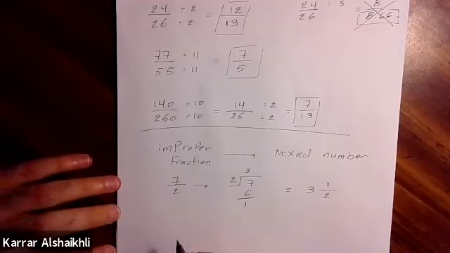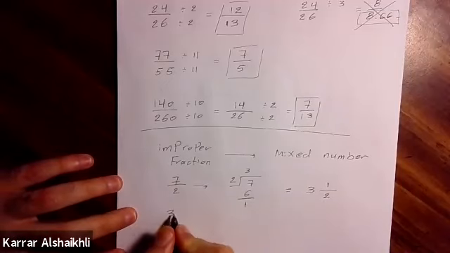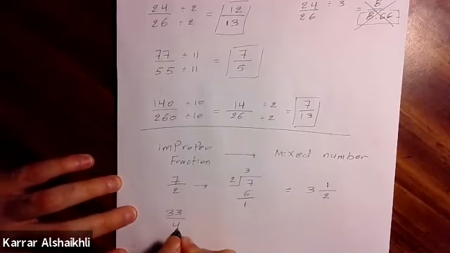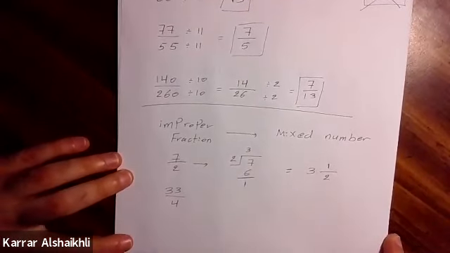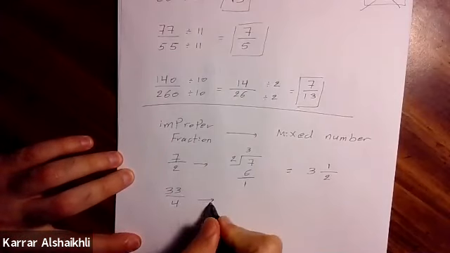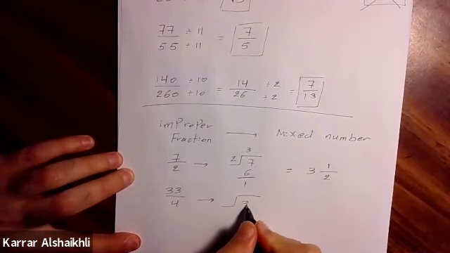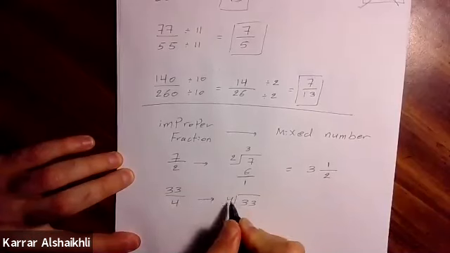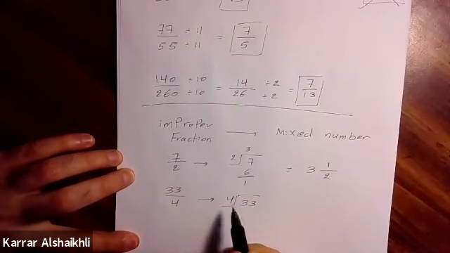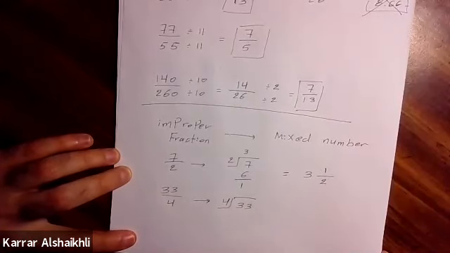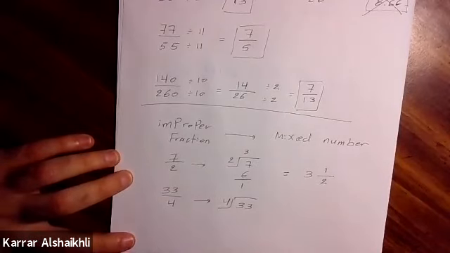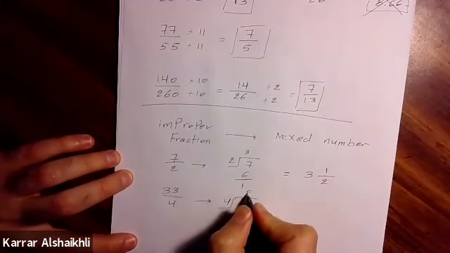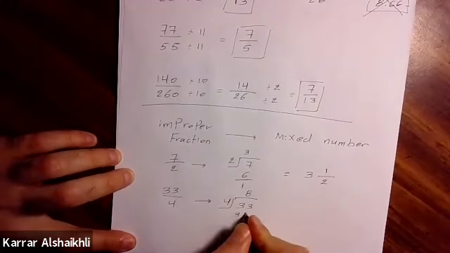Let's do another example, like 33 divided by 4. 33 divided by 4, exactly the same thing. So 33 divided by 4 is going to be 8, because 8 times 4 is going to be 32.